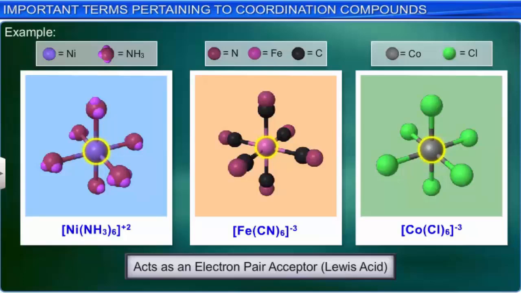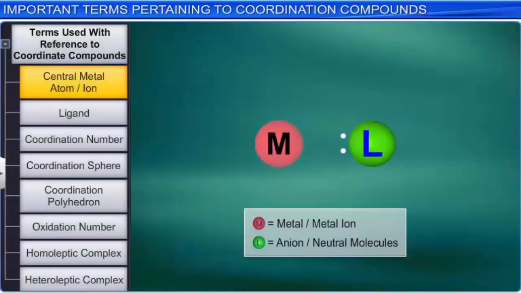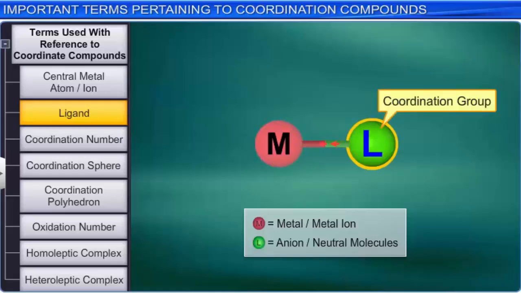Another important term is ligand. A ligand is any atom, ion, or molecule capable of donating a pair of electrons to the central atom. A ligand is also known as a coordination group. As ligands are electron pair donors, they act as Lewis bases.